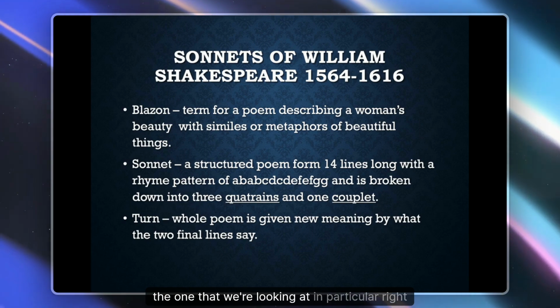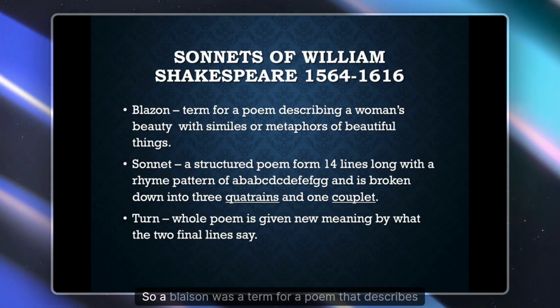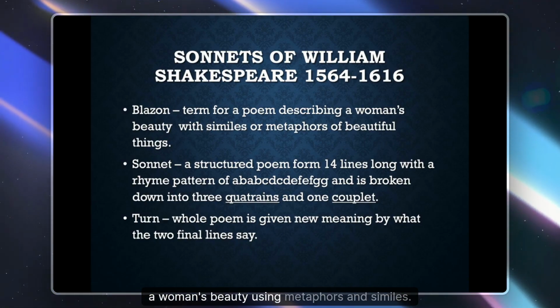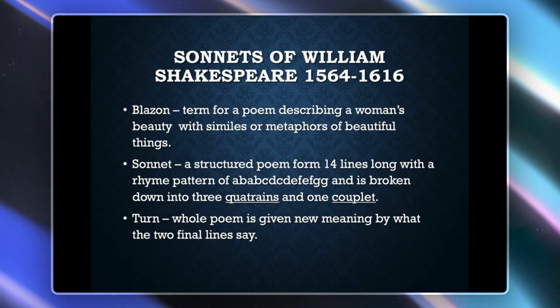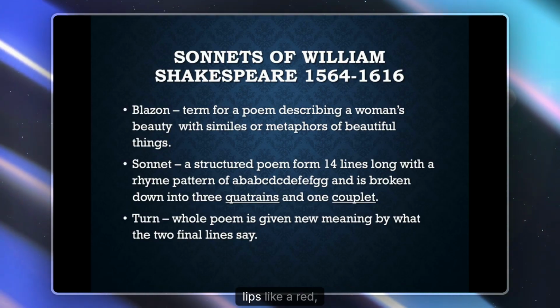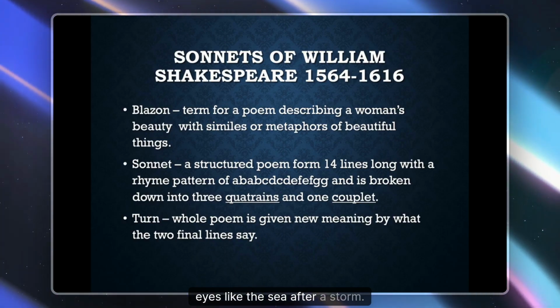Well, the one that we're looking at in particular right now, and many of them are, is a blazon. So a blazon was a term for a poem that describes a woman's beauty using metaphors and similes. I think you're very familiar with this: lips like a red rose, eyes like the sea after a storm.